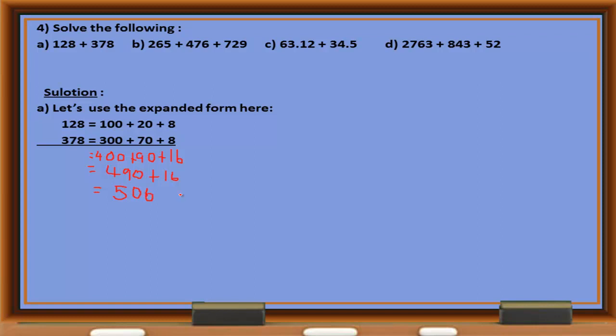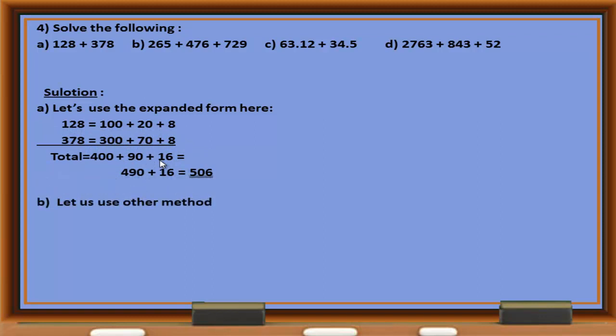Therefore, 128 plus 378 is 506. That is, the total is 400, 90 plus 16 is 516.